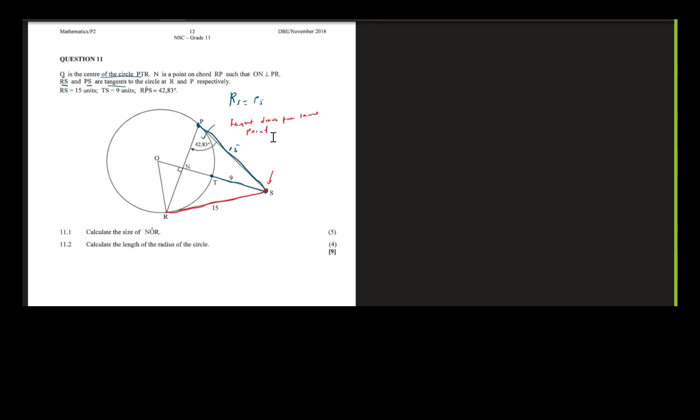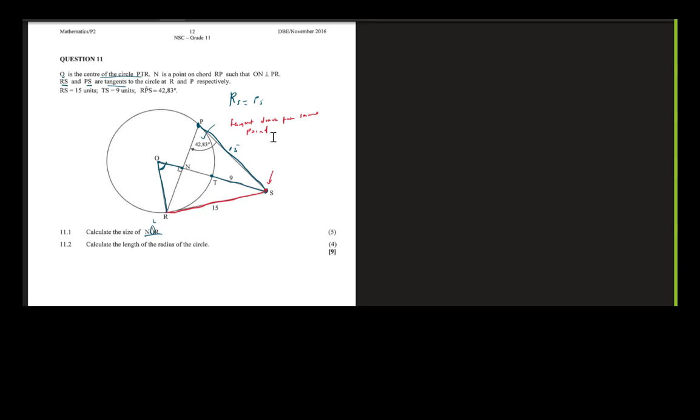Now they say calculate the size of angle O in triangle NOR. They want this angle, guys. How much do you think is the size of this angle? So let's talk. How can we find angle O, the size of this angle?